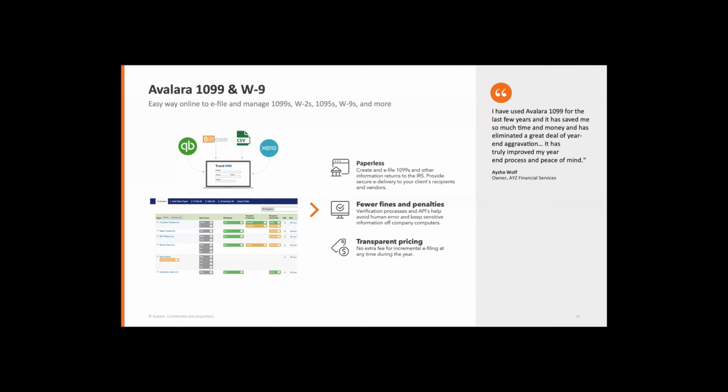If you're not doing a direct connection with your AP process with the 1099 system, you can certainly upload files to our system with that 1099 information, and we give a nice little portal for your vendors to log into in order to pull down the information they need. Anything you wanted to add?